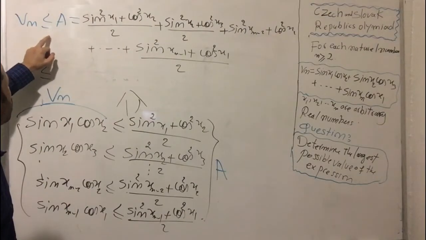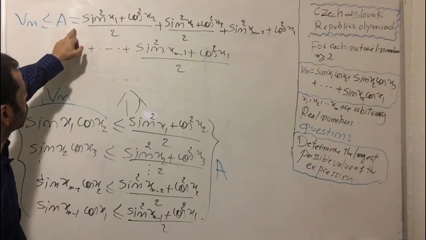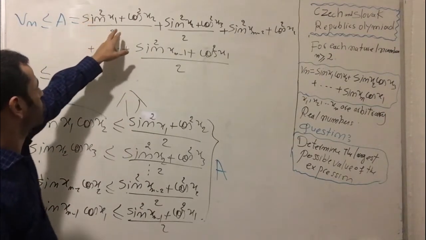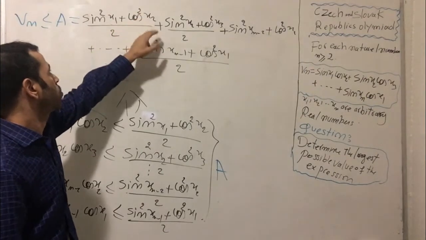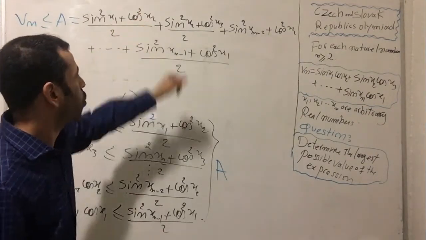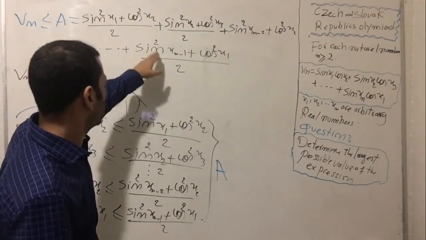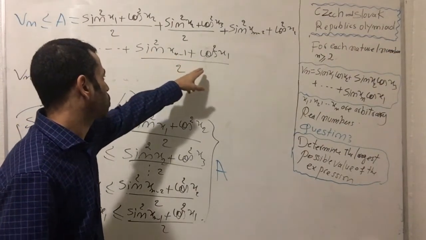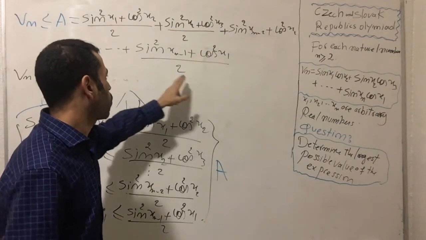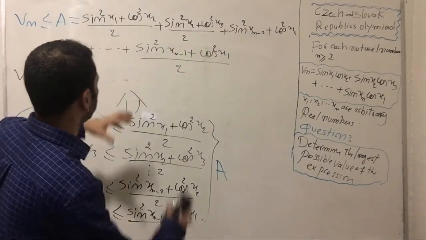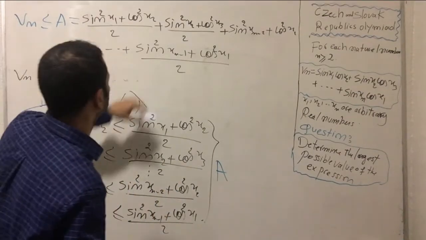Vn is less than or equal to capital A, which is the sum of these: sine squared x sub 1 plus cosine squared x sub 2 over 2, and all the way down until you get the last term, which is sine squared of x sub n plus cosine squared x sub 1 over 2. I'm going to match these numbers, I'm going to combine these numbers together.